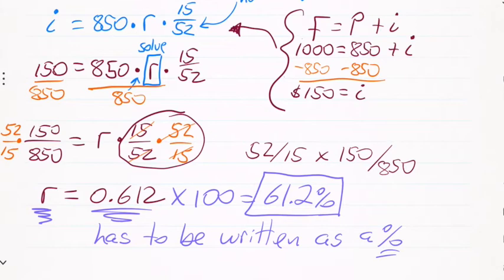Now, let's talk about the future value formulas. The future value formulas are the common sense ones. The future value of an account is equal to the principal plus its interest. But if I rearrange it, we actually did this in the last problem, we had I is equal to the future value minus the principal.